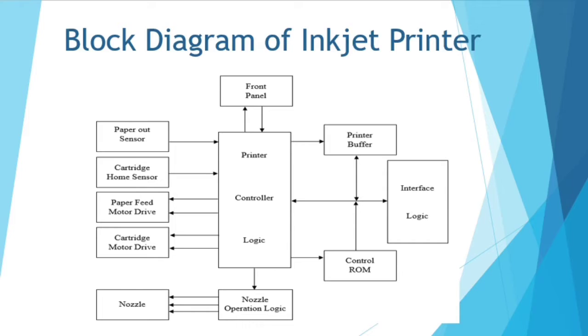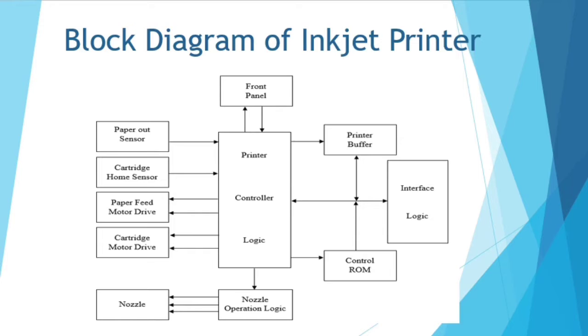The first diagram shows the block diagram of the inkjet printer, where we can see the printer, the controller, and the logic are the main parts of the inkjet printer system.